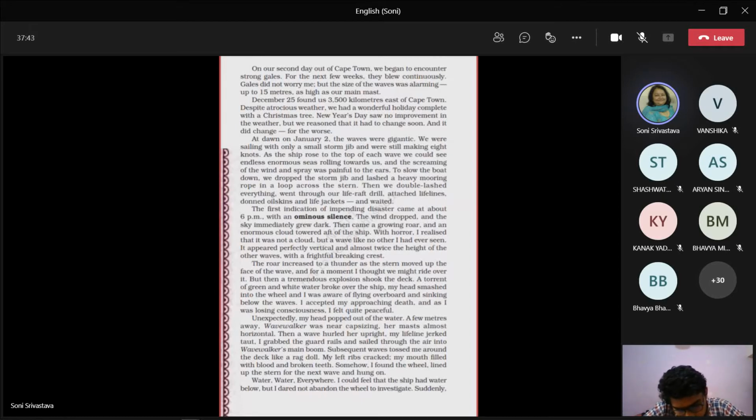Now you remember I showed you how the jib looks. The jib is triangular in shape, and it is like a sail. It keeps moving as the wind direction changes, and we're still making 8 knots. Have you heard of knots by any chance in 10th standard? I'm sure.